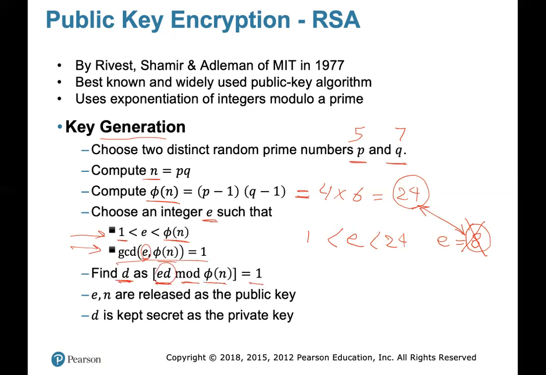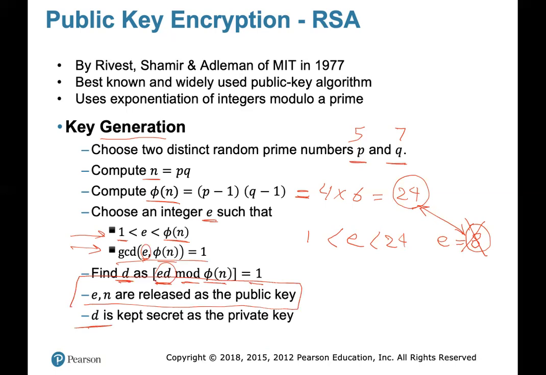So after generating E, N, phi n and D, we will be using E and N as the public key, and D is our private key.